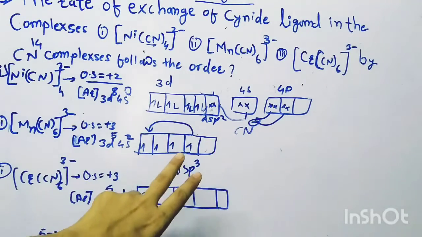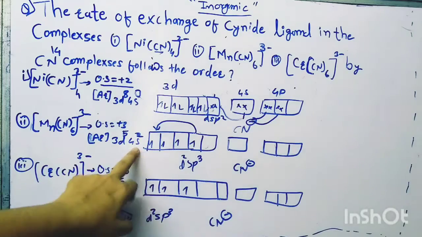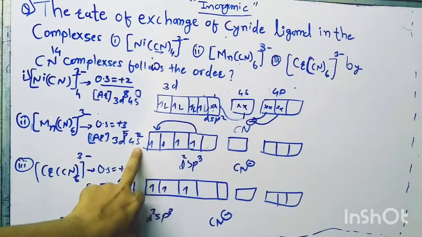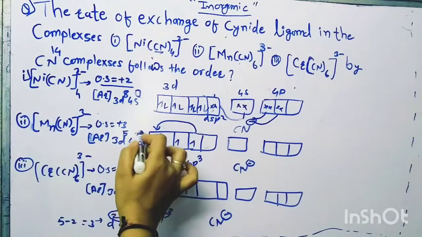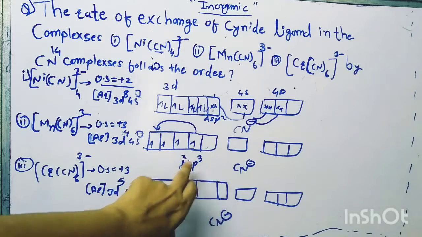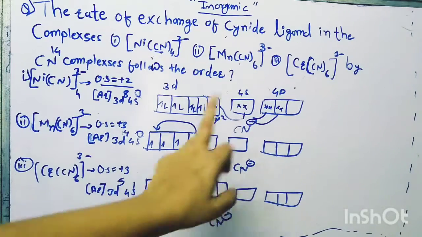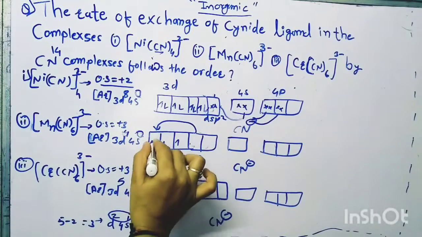Now, the manganese complex. Here we have calculated the oxidation state is +3. So the 4s2 electrons and 1 d electron will neutralize this oxidation state, so here 4s0 will come and 3d4, that is 3d4 4s0. Now, because of the strong ligand cyanide, it tries to pair in the 3d orbital, so 1 electron from this orbital jumps into the first orbital to get paired.